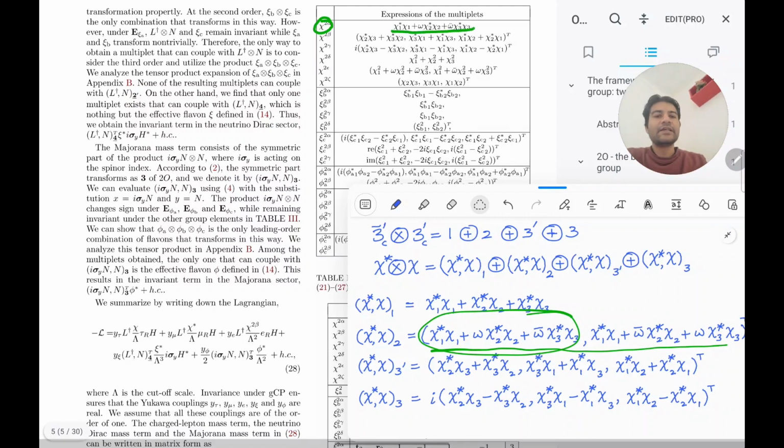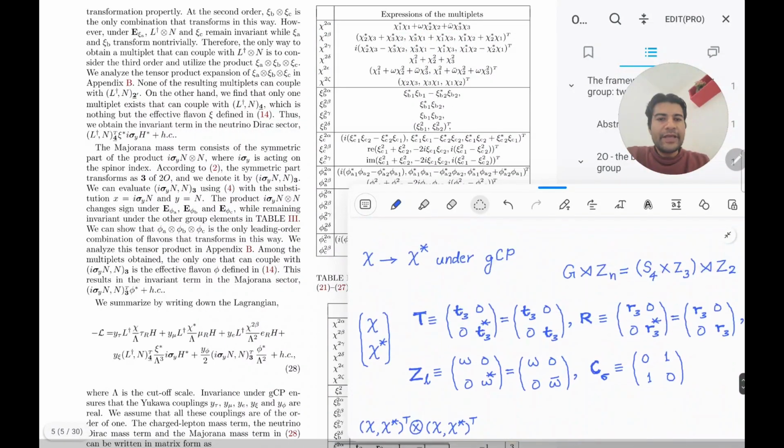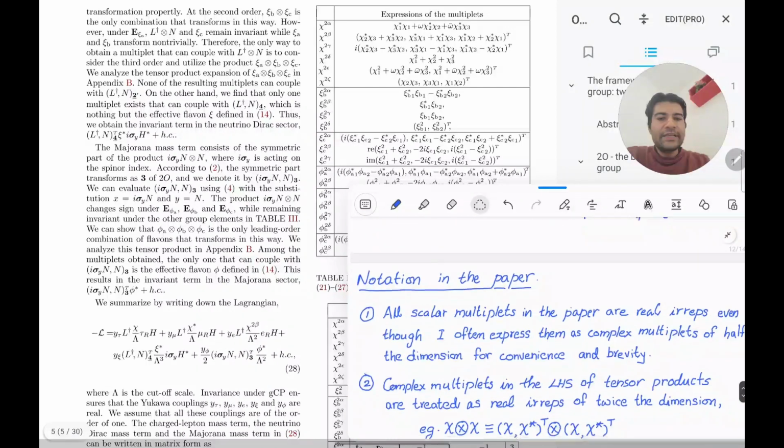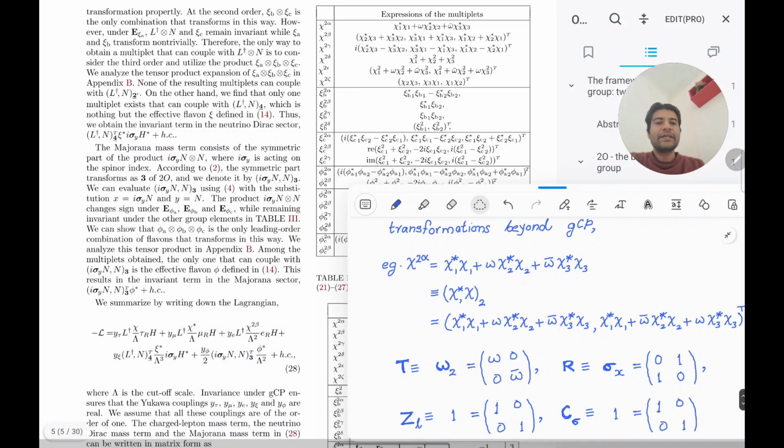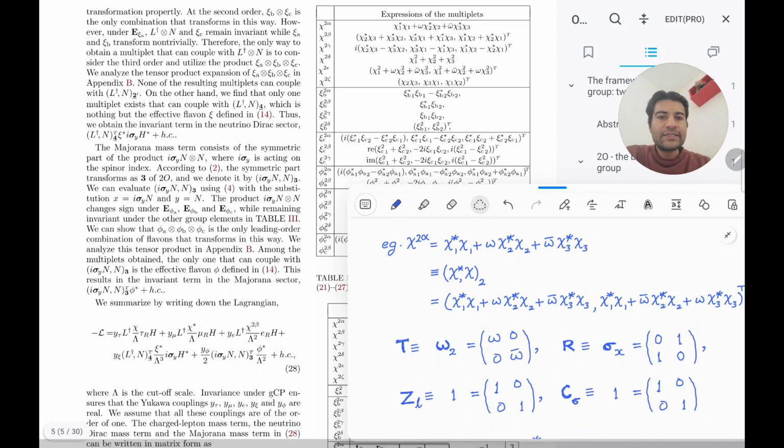So this is in fact a doublet. When we do this, we have to be careful, because here the complex conjugation does not correspond to generalized CP. So let me explain that. The generators acting on this doublet are given here. T is this, R is this, and ZL is trivial. The generalized CP is trivial.